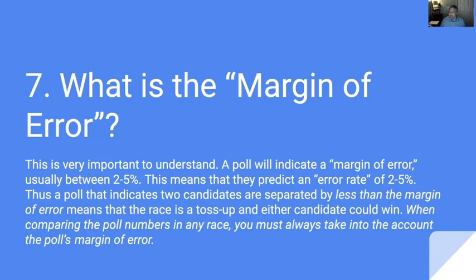But what this says is, we could be off by as much as 3%. So if you have a poll that shows candidate A leading by 3%, and the margin of error is 3%, then that is a toss-up. So you always have to take into account what the margin of error is for that poll.